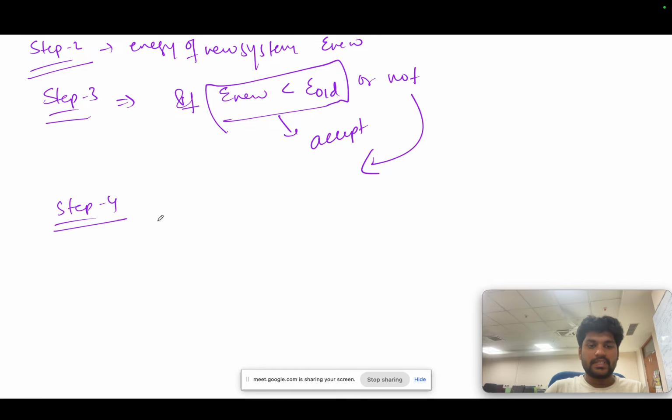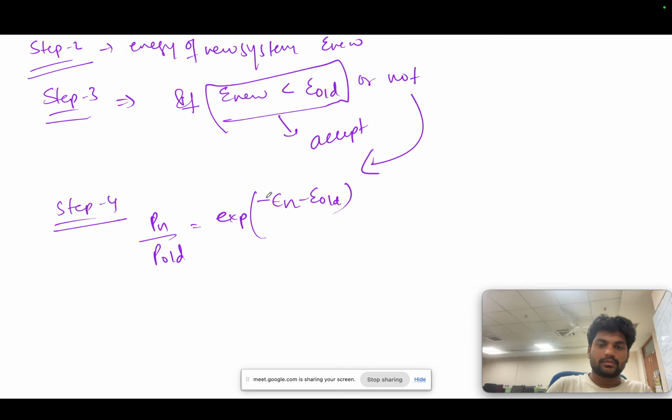The probability of new by old is the exponential of minus E new minus E old divided by kBT. This is the main step which we can say.